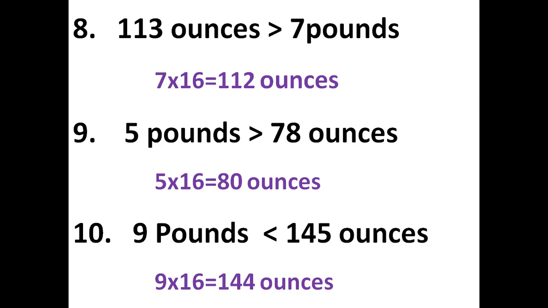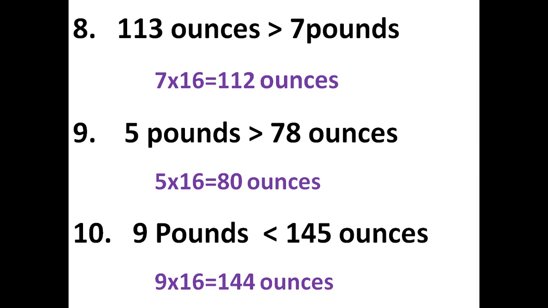Other side is 113 ounces. 113 ounces is greater than 7 pounds because 7 pounds is equal to 112 ounces. It means 113 ounces is greater than 7 pounds.